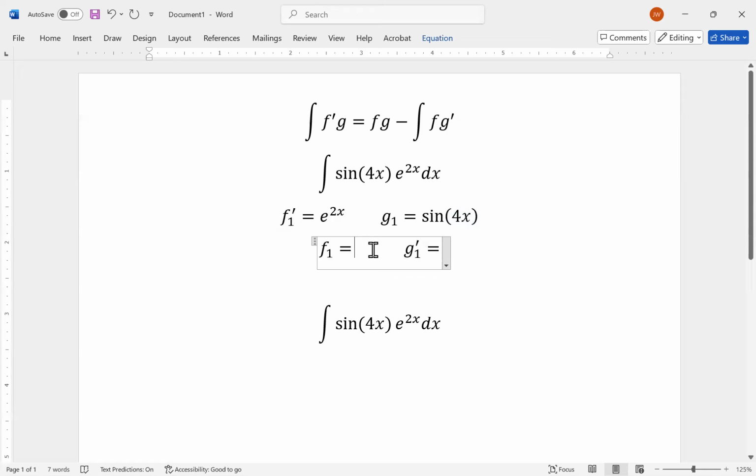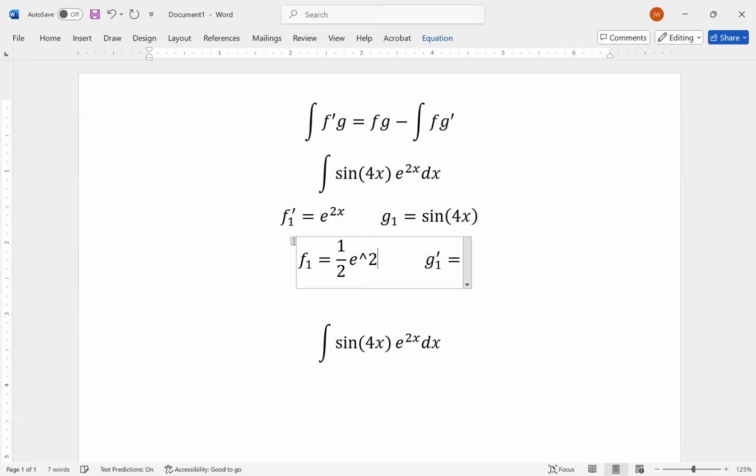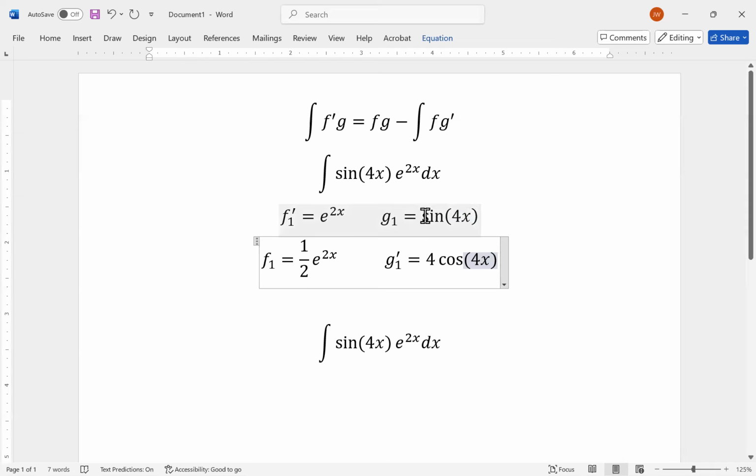So if I integrate e to the 2x, I get 1/2 e to the 2x. If I take a derivative of sine of 4x, I end up getting 4 times the cosine of 4x. The reason I chose sine as my g was simply because if I took a derivative there, it becomes positive cosine.